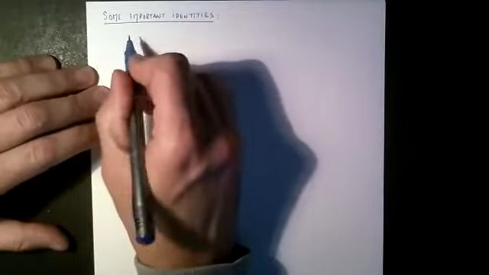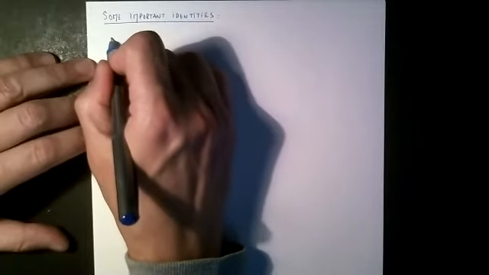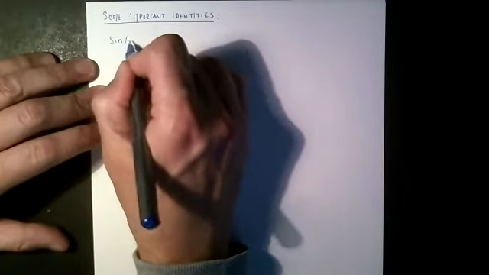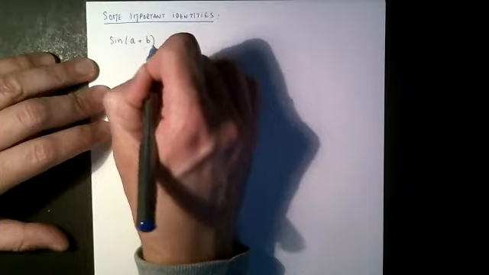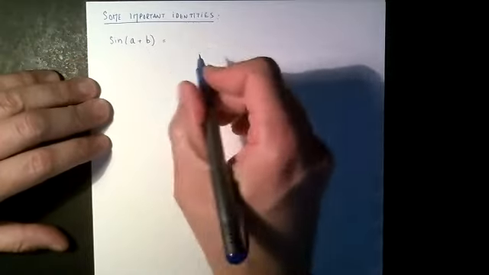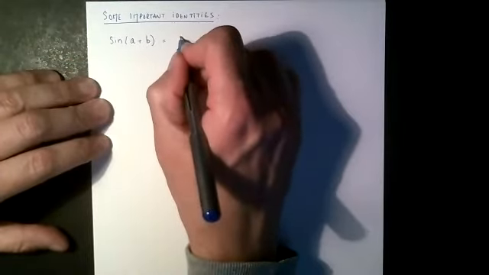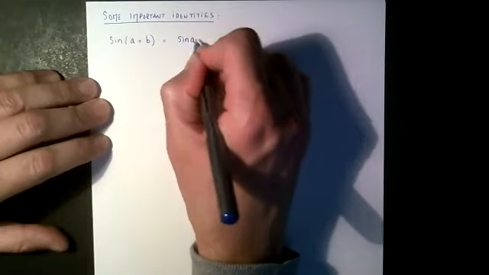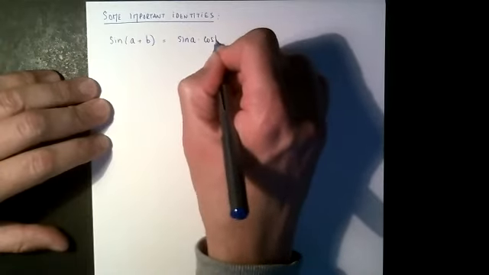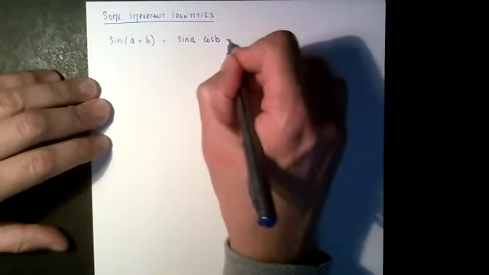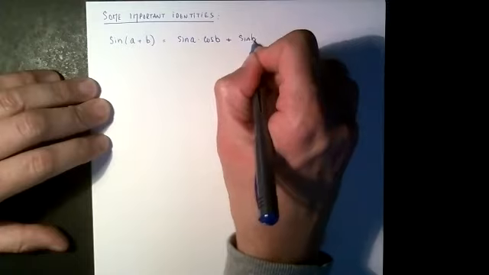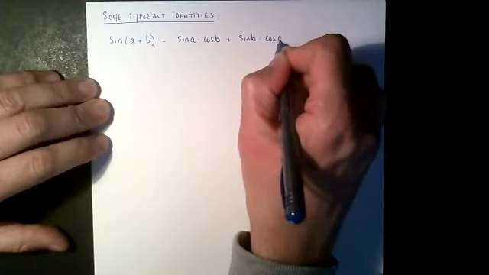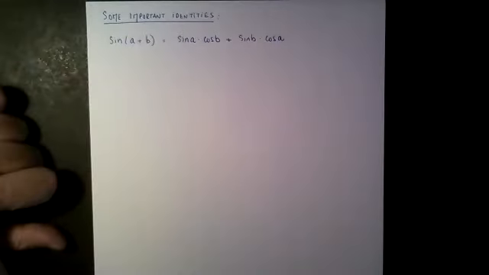The first one is that if you have the sine of A plus B, this is equal to sine A times cos B plus sine B times cos A. It's important, we're going to use this.